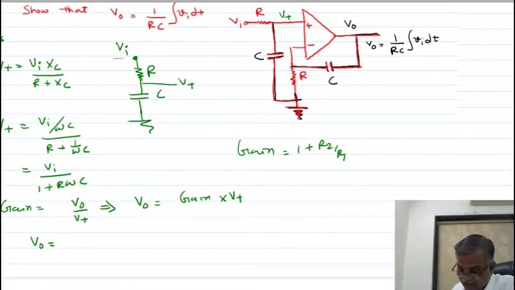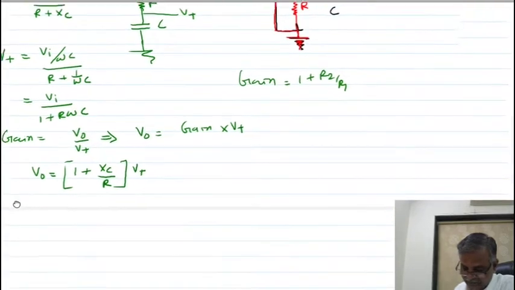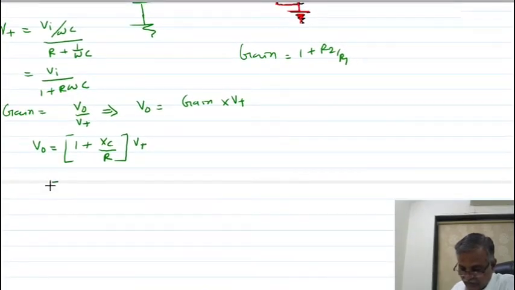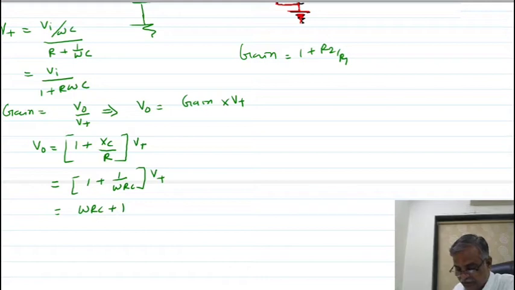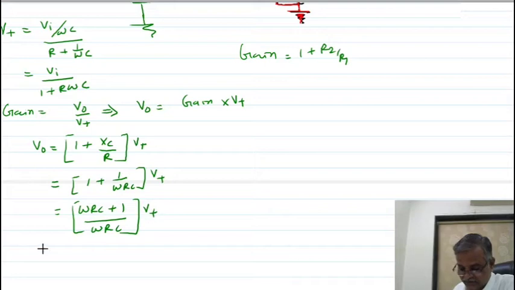So I am writing here, the output is nothing but 1 plus R2 by R1 into your V plus, which is (omega RC plus 1 upon omega RC) into V plus.